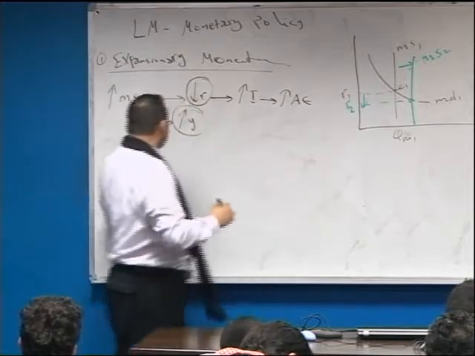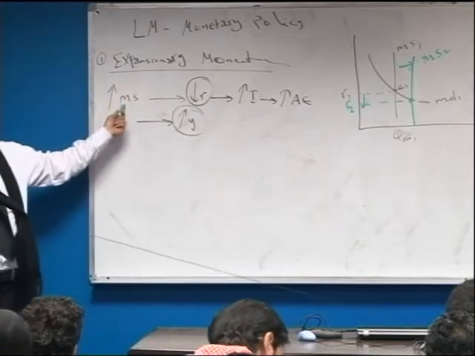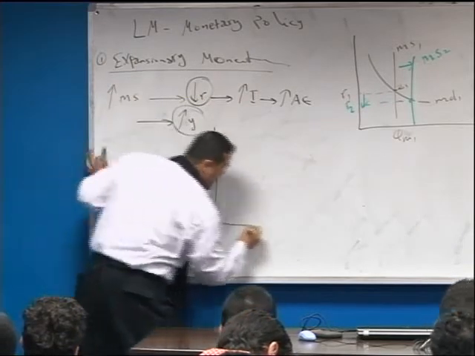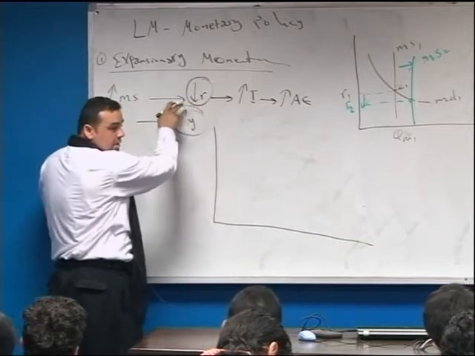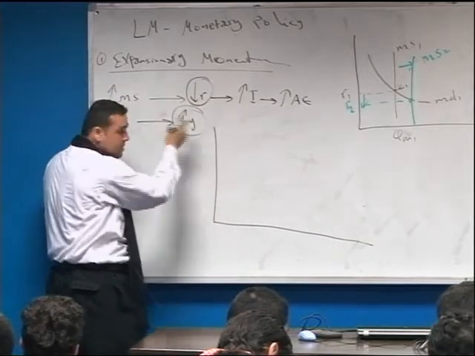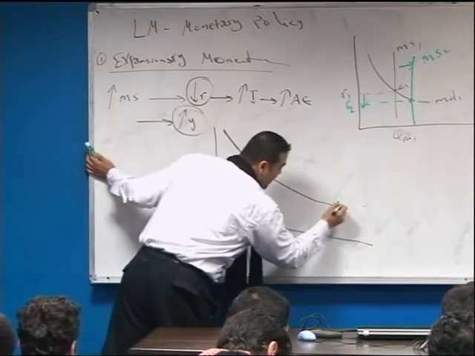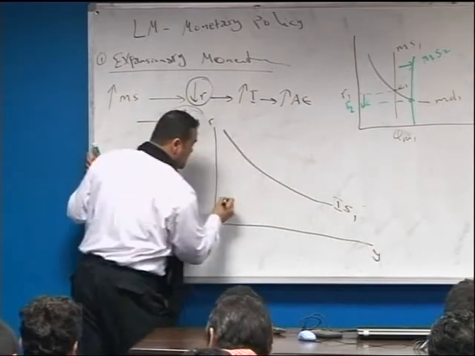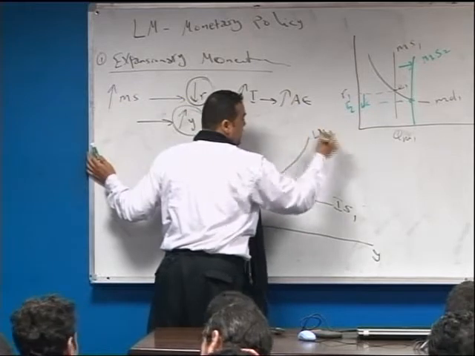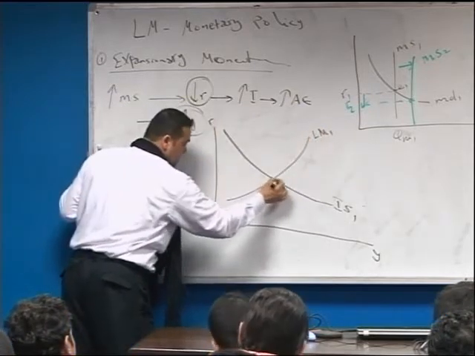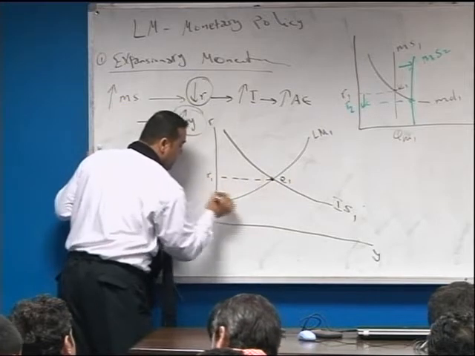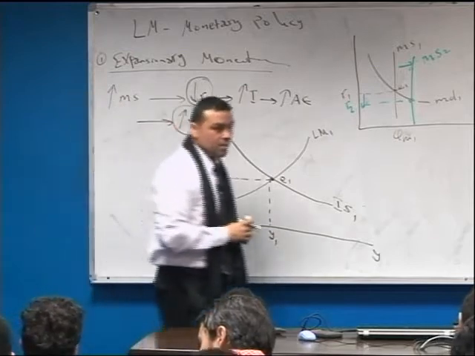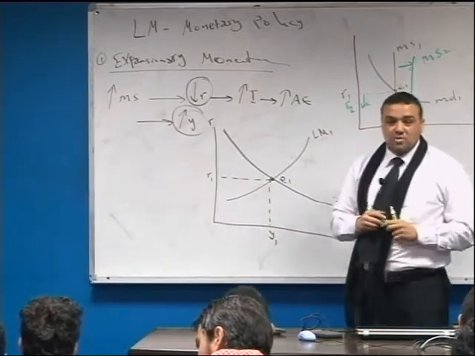Now what does expansionary monetary policy do to the LM? Rightward shifting. Right. So make a rightward shifting in the LM curve and see if it is correct that the interest rate went down and Y increased. This is the IS1, this is R, Y, and this is LM1. This is the original equilibrium, R1, Y1. Right. Make a rightward shifting to the LM curve.